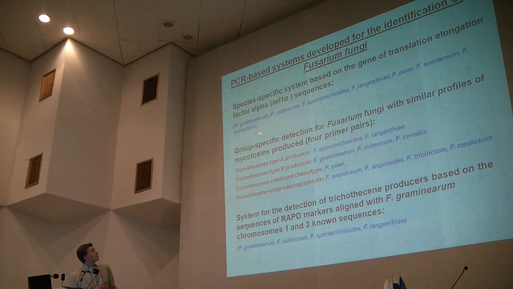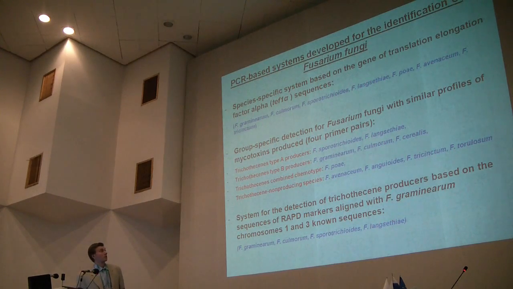The second one is a group-specific detection system for Fusarium fungi with similar profiles of mycotoxins potentially produced, by 4 primer pairs.